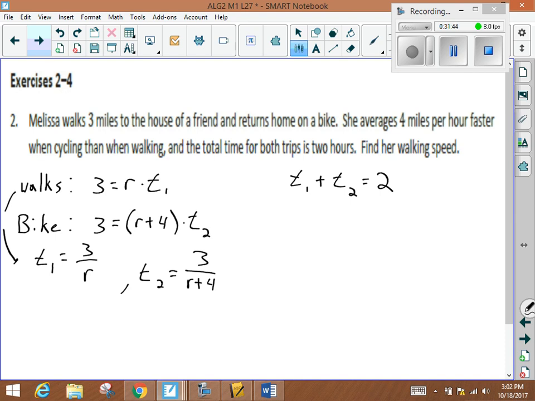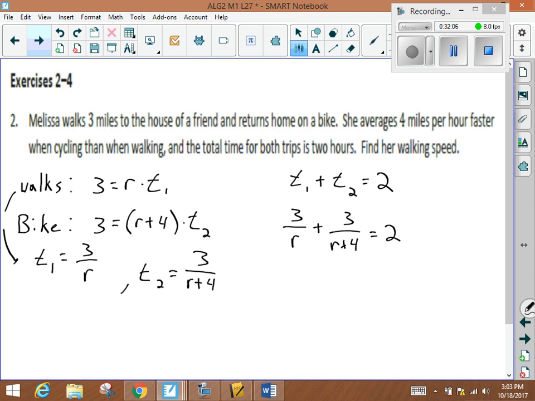Now we can plug those right back into our equation. So we're going to substitute those. Instead of T1, I'll put my 3 over R. And instead of T2, I will plug in 3 over R plus 4. And now we got to solve it.